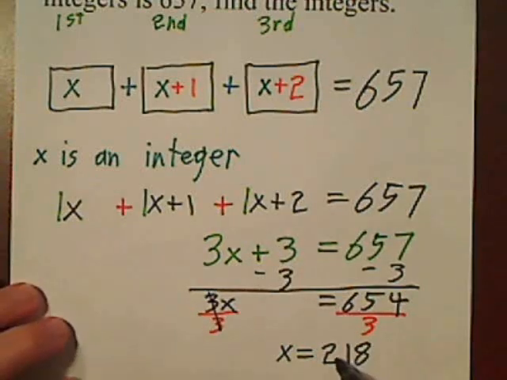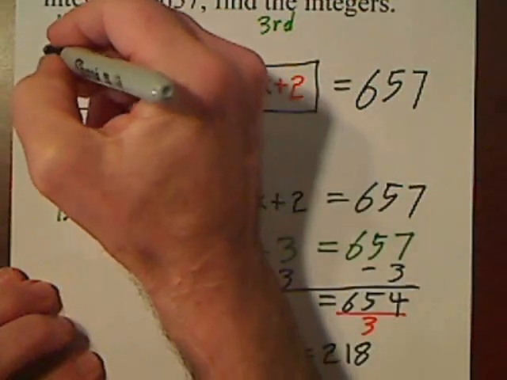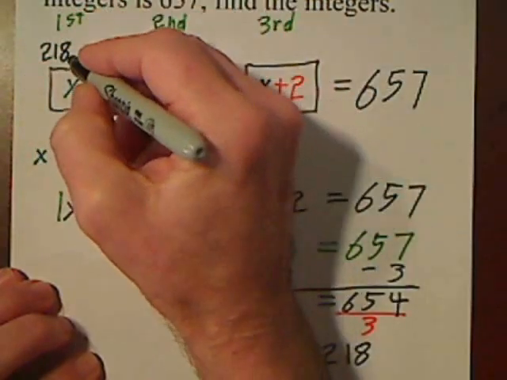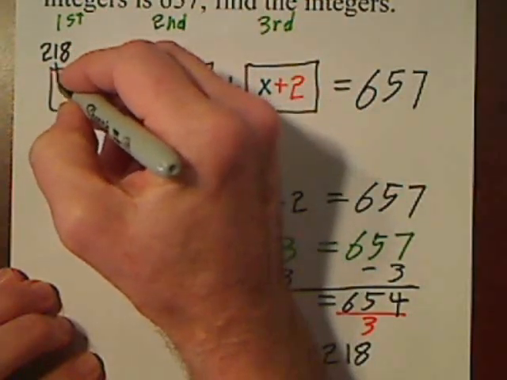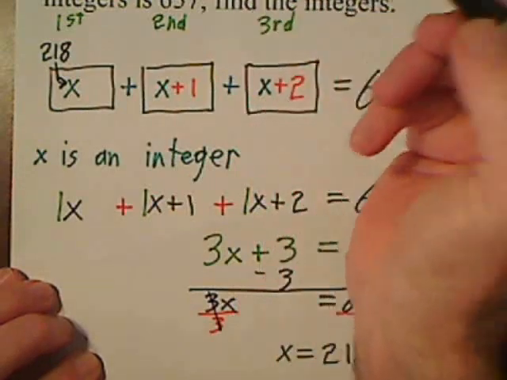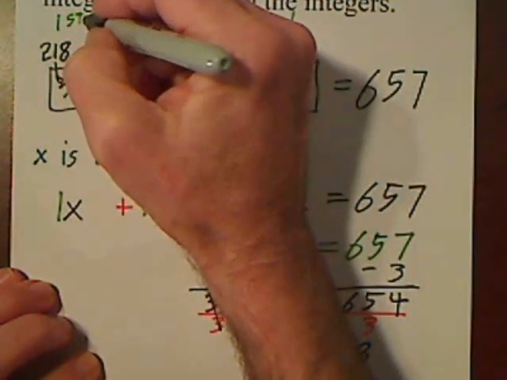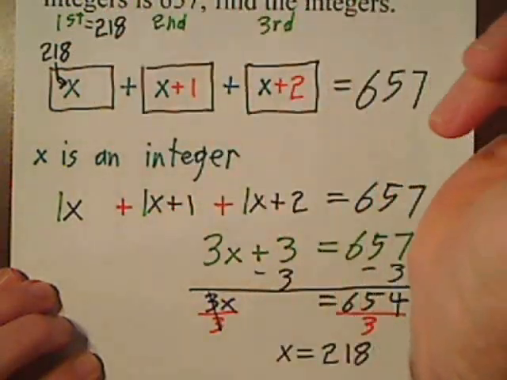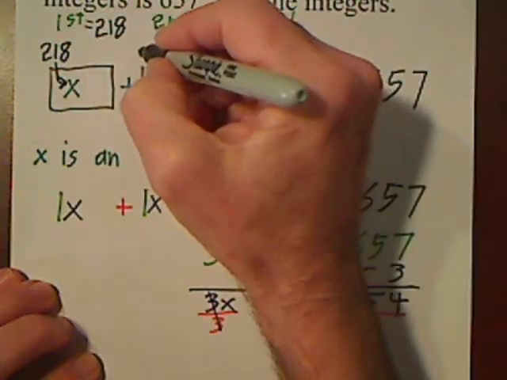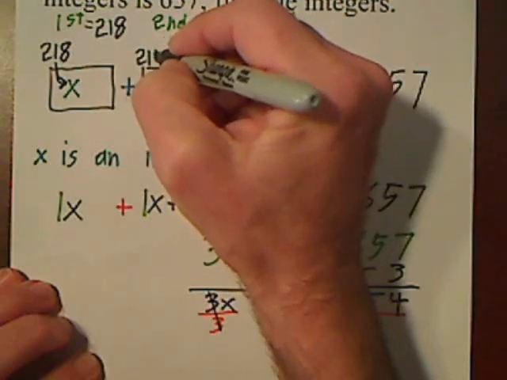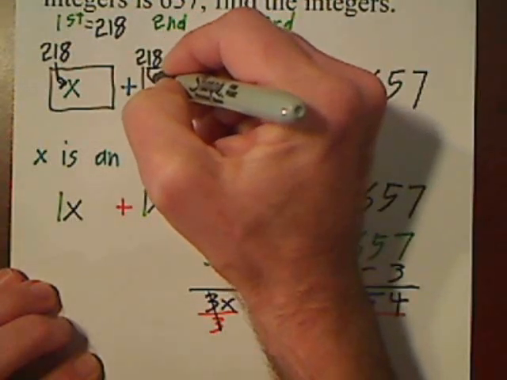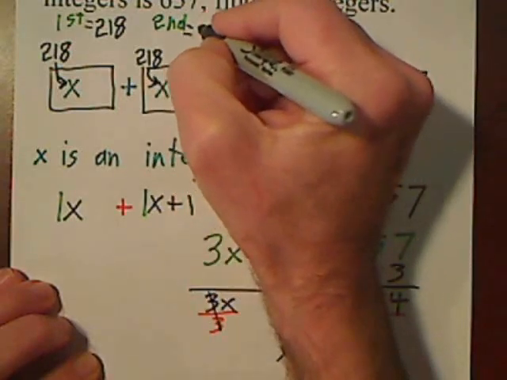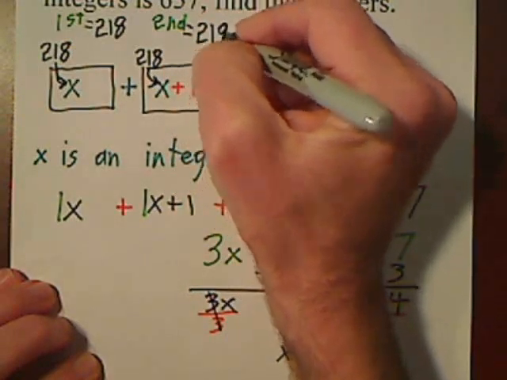So you take this 218 and you plug it in to your first box. And lo and behold, no big surprise, your first integer is 218. You do the same for each box. You take your 218, you plug it in where x is, 218 plus 1, that's 219.